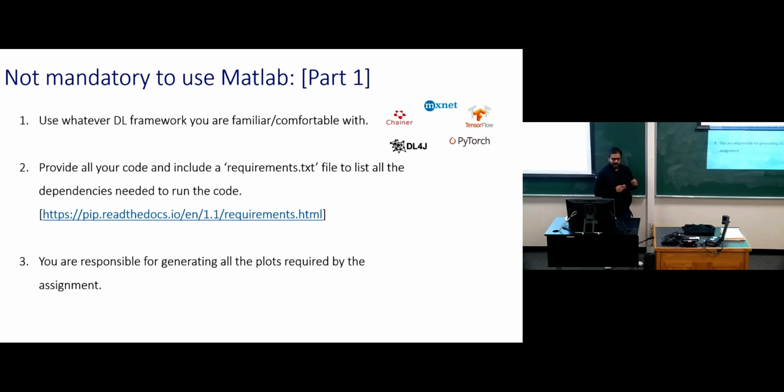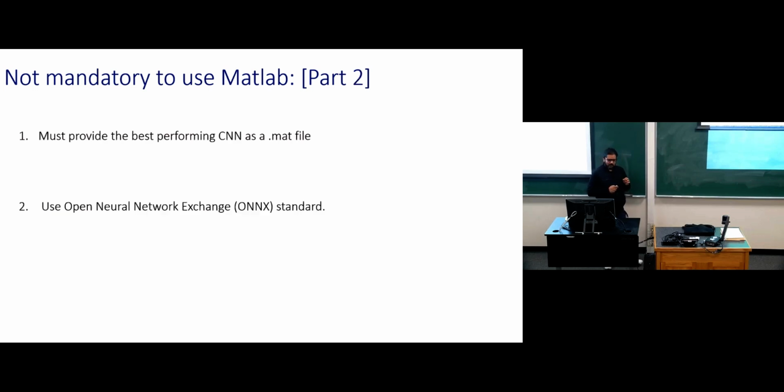However, what is very important is that you still have to provide a CNN, your best performing CNN, as a mat file, regardless of what you are using. And to do that, there is something called Open Neural Network Exchange, or ONNX.